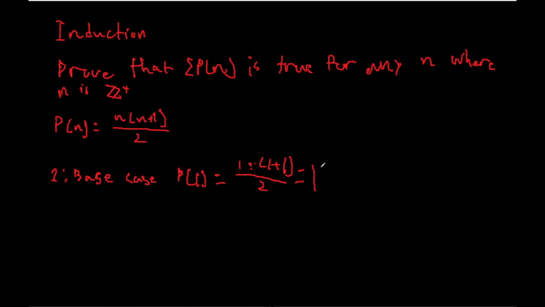That's the first step. The second step is to assume that Pn is true for whatever n is. So let's say n equals k. We want to assume that it's true. So assume Pn is true.